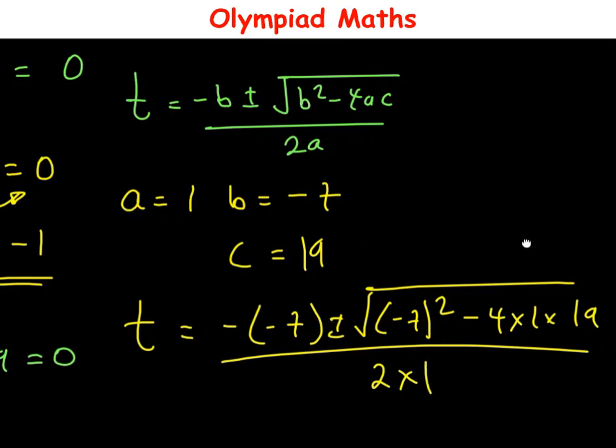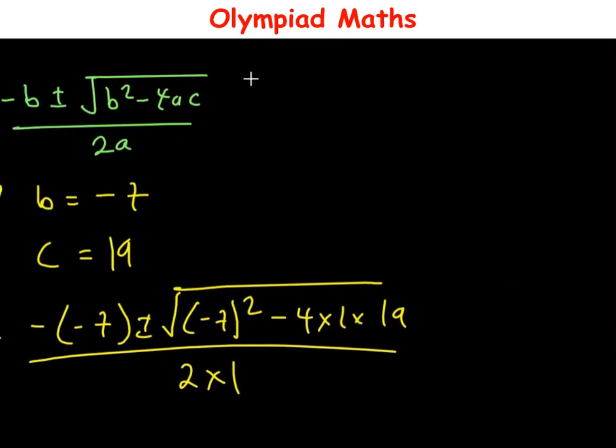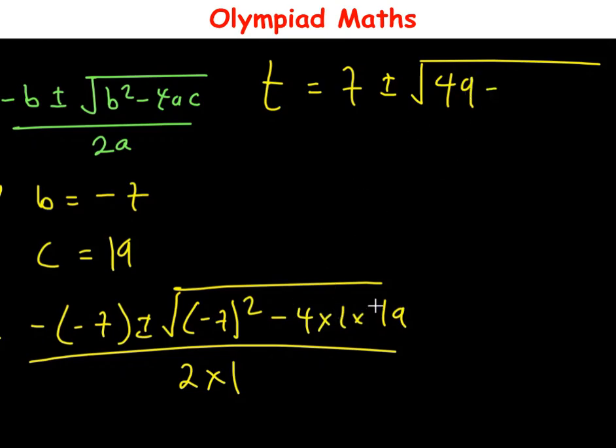So with this, the value of t is then equal to minus times minus 7 is plus 7, plus or minus square root of minus 7 squared is 49, then minus 4 times 1 times 19 is equal to 76, all over 2 times 1 is 2.